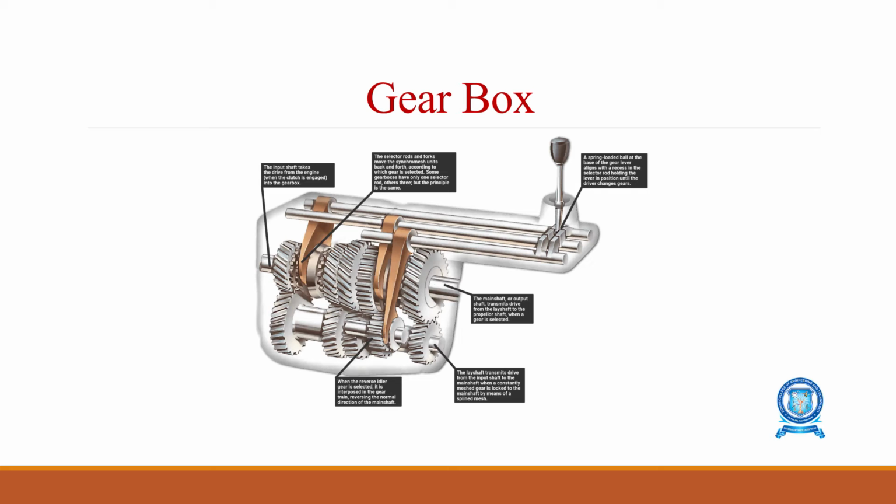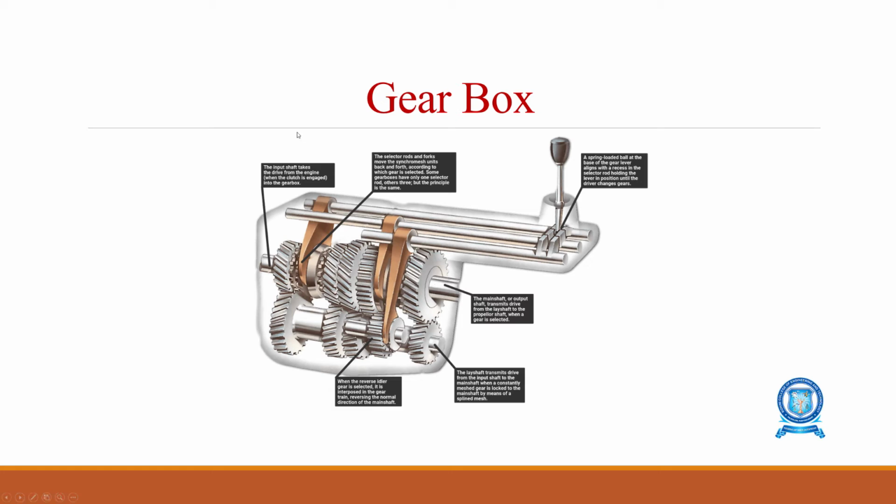Like this we have different types of gearboxes. The major role of the gearbox is to give the controlled output of the power, so that we can alter the gears for varying speeds.